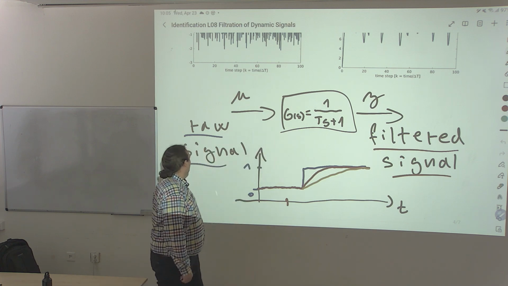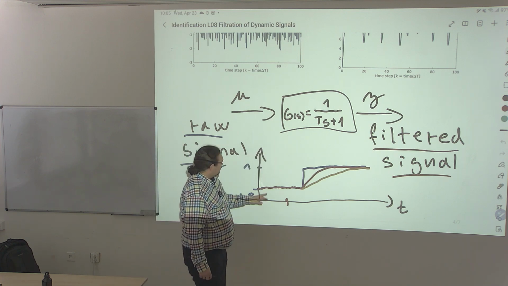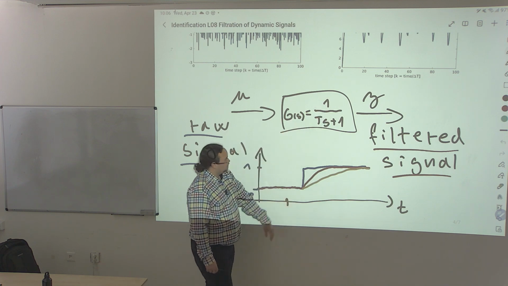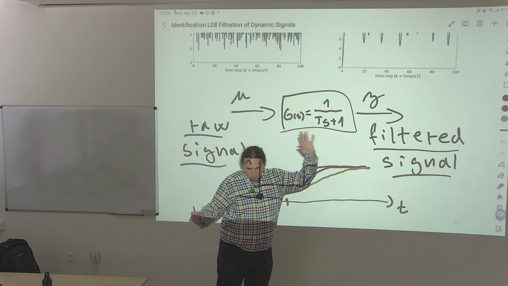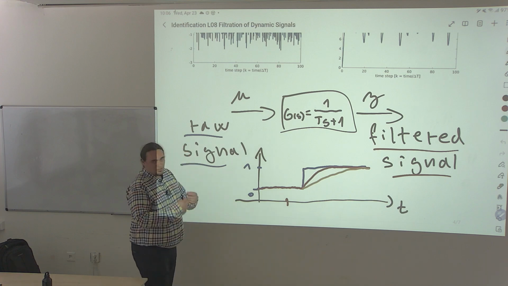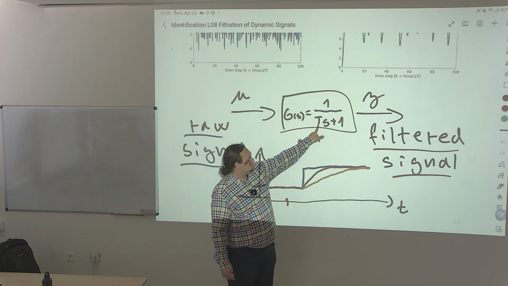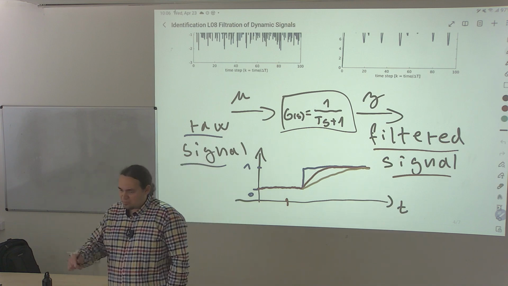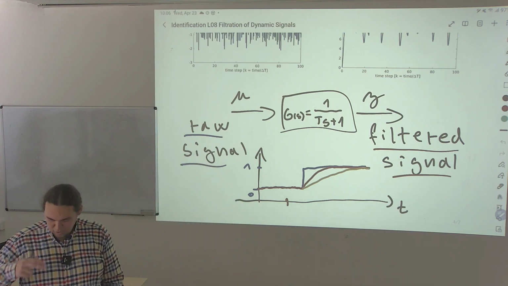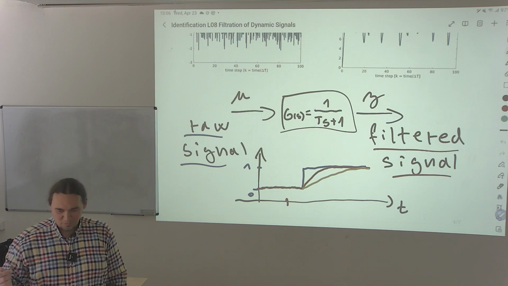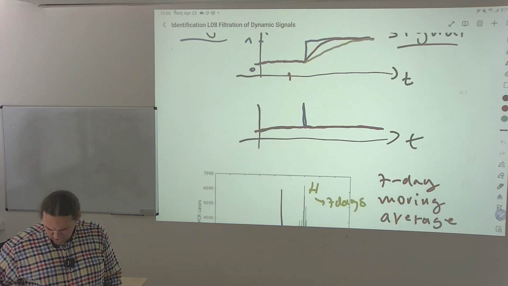For example, in our low-pass filter, we wanted to have the gain of the filter to be 1 to correctly represent our long-term trends. We could choose the time constant in order to filter the noise that we considered to be noise.